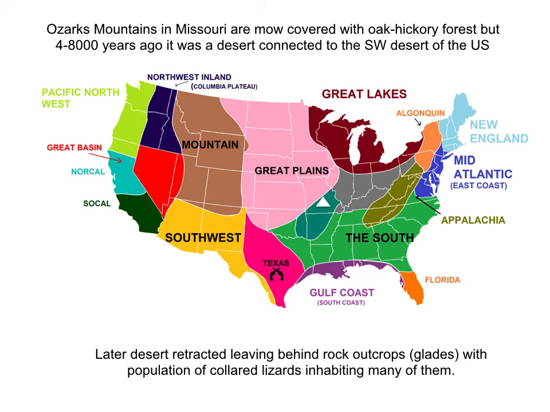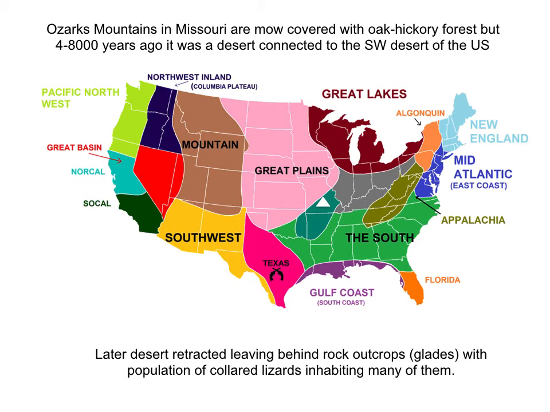So you had a desert extending through Texas, a bit of Arkansas and Oklahoma into Missouri. Then, after about 4,000 years ago, the hot period ended and the desert retracted back to where we find it here in the Southwest. As it retracted across Missouri, it was filled in with that oak hickory forest.